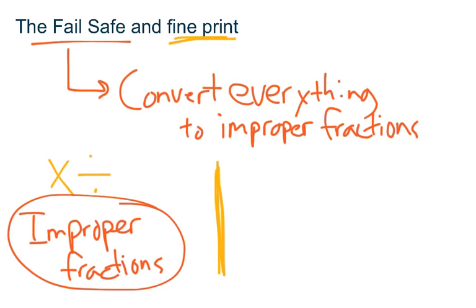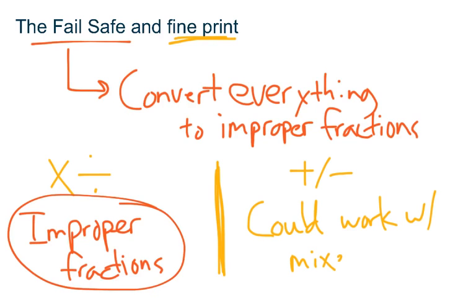But for adding and subtracting, you don't have to, you could work with mixed numbers. And I'll show you. But first, let's talk about how to multiply and divide, because there is only one way to do that, and that is to use improper fractions.